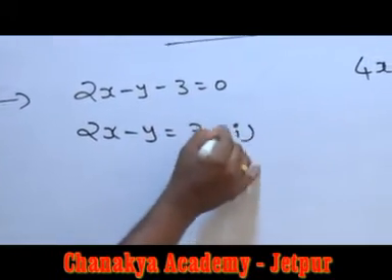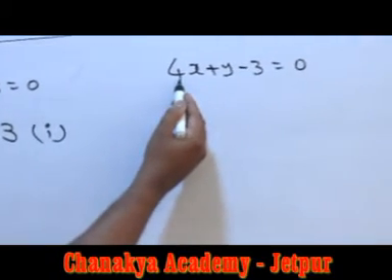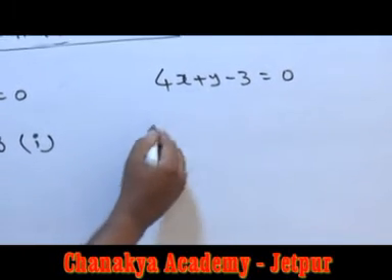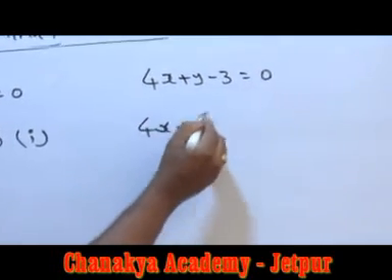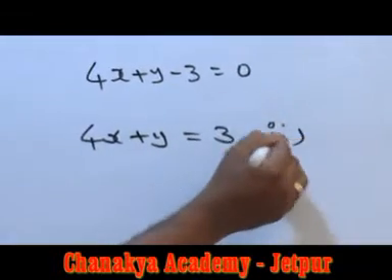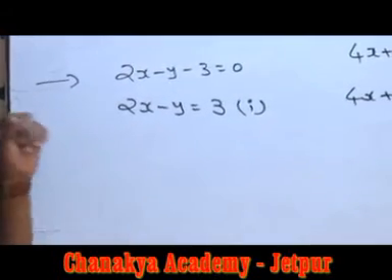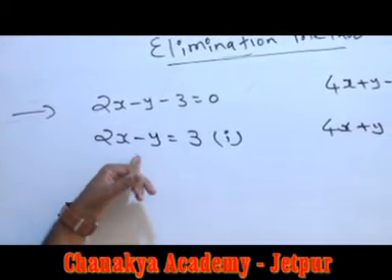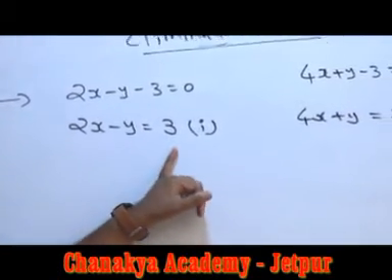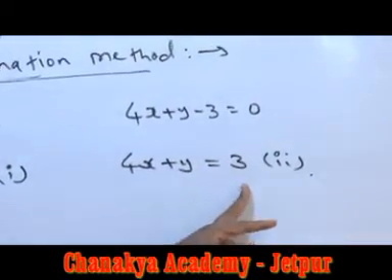Now we can mark it as equation number 1. Taking x and y variables on LHS and moving the constant to RHS will give equation number 2 here. So in the first step we have taken x and y on LHS and constant on RHS in both equations.